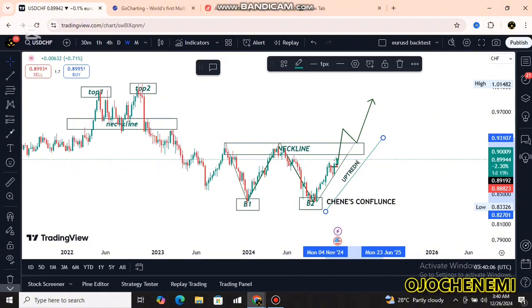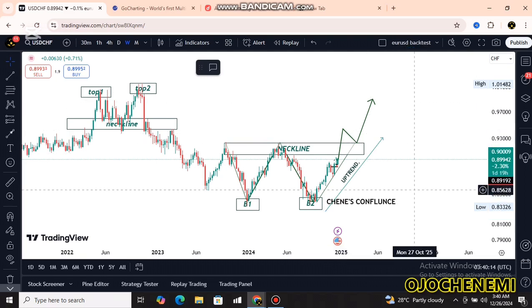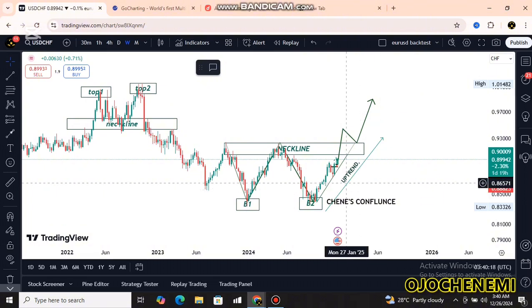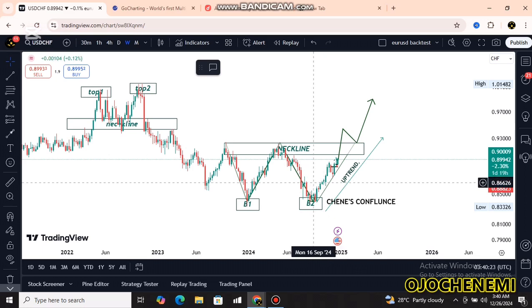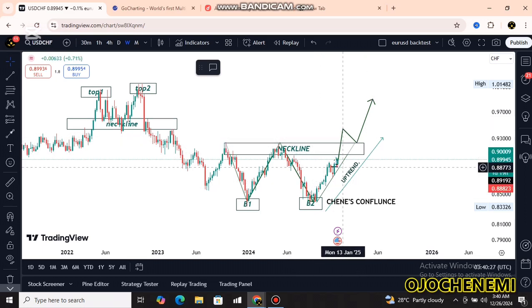So this is what I'm looking at right here on the USDCHF. It is on an uptrend, sorry to say. So here now, I'm going to delete this, or I'm going to leave it. So I'll write here uptrend.